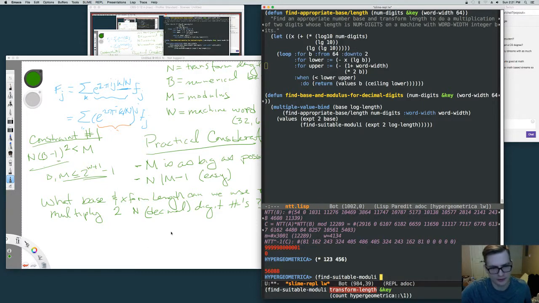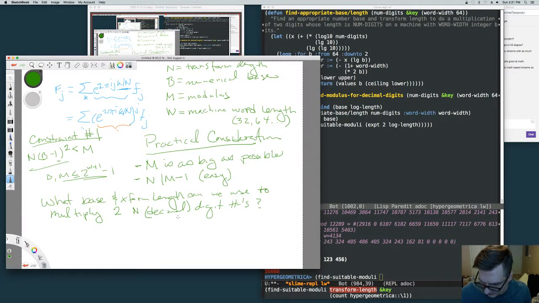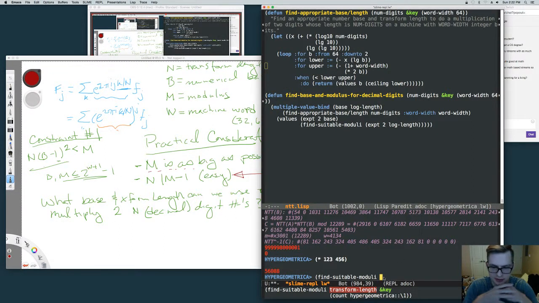This function, find suitable moduli, is going to search for moduli that satisfy this property, but it will not do anything here. If it can't find one, then we're out of luck. But this transform length is the length of the transform assuming a particular base.